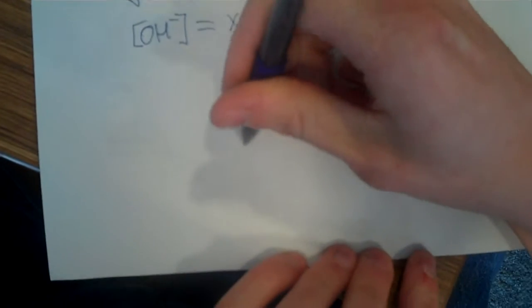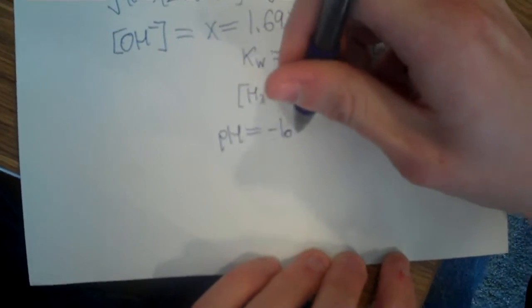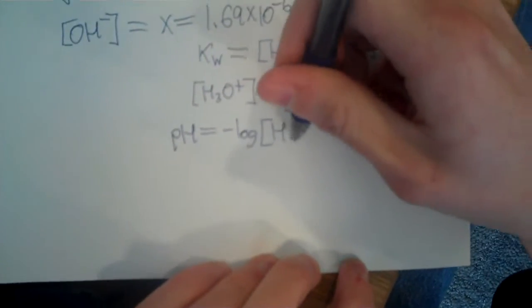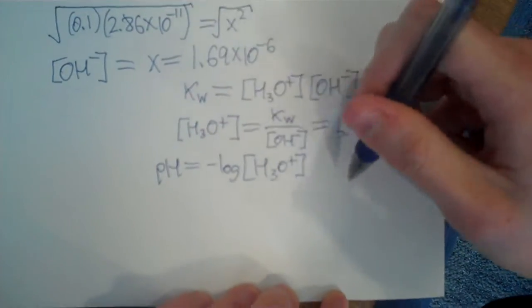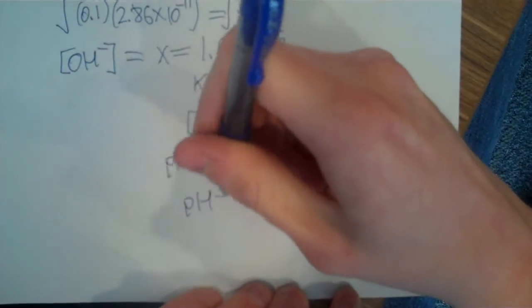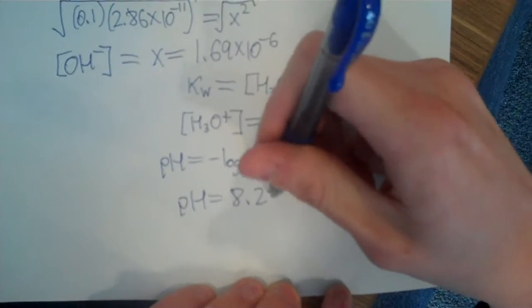Again, we use our equation that pH is equal to the negative log of the concentration of H3O plus, and we find that the pH equals 8.23.